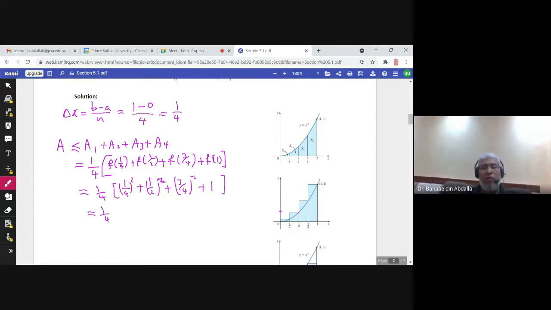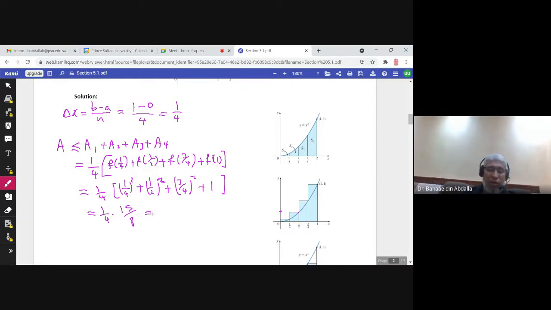So if you add these numbers using the calculator, it is 1 over 16 plus 1 over 4 plus 9 over 16, plus 1. So the answer is 15 over 8.